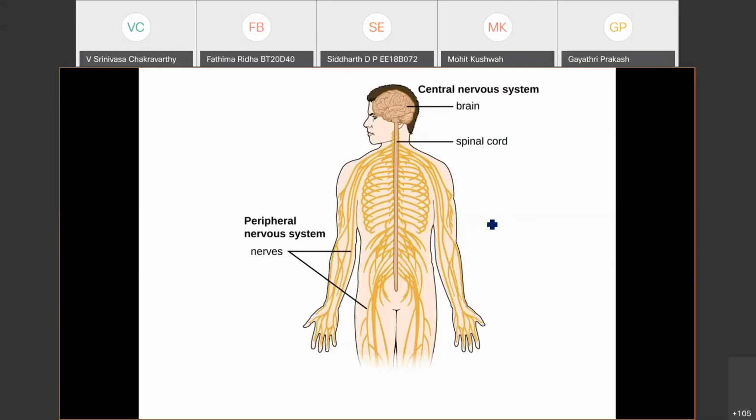Okay, so now if you look at the organization of the nervous system, straight away you can say that there are two major divisions of the nervous system. I think I even mentioned this once before. So the nervous system is present in two places. One is inside this bony cage, the vertebral column for the spinal cord, and the cranium, the skull, for the brain proper.